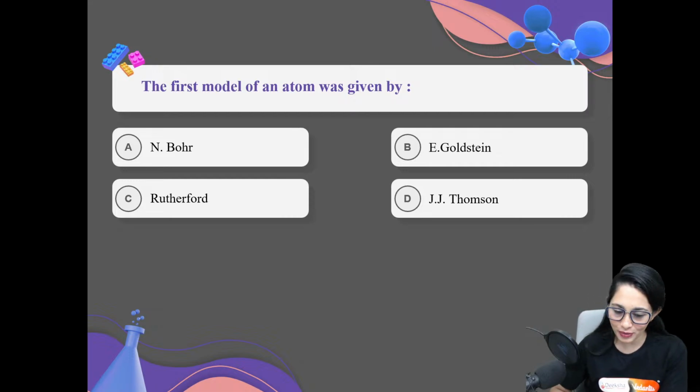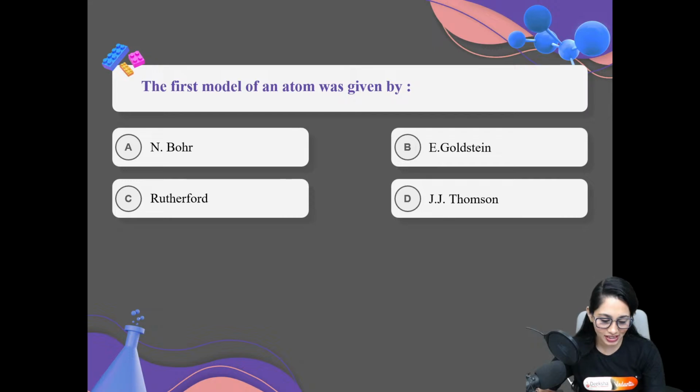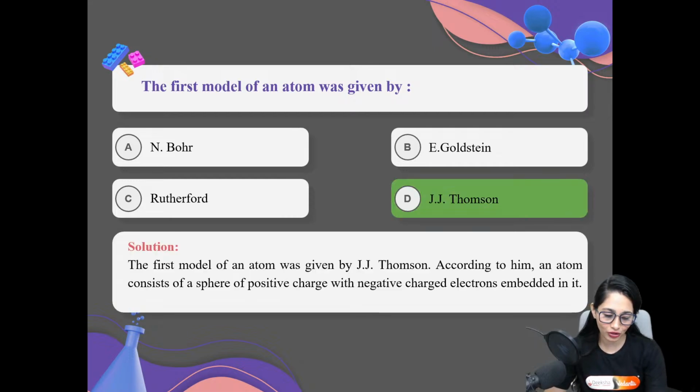Those who have passed 9th standard or 10th standard must be able to give the answer here. Hi Anand Kaushal. Is it D? J.J. Thomson? Absolutely right. Very good. It is option D. Vignesh also very good. Both of you, Anand and Vignesh.